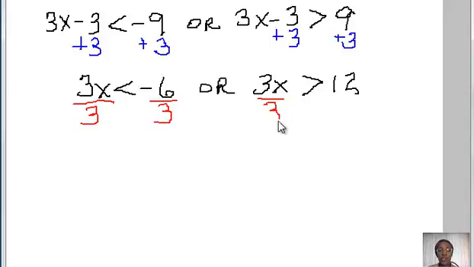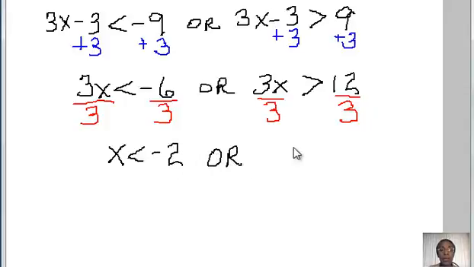Its direction is not going to change. If I multiply or divide by a negative number, I would have to rewrite this in a separate step and reverse the direction of the inequality. So x is less than negative 2, or x is greater than 4.